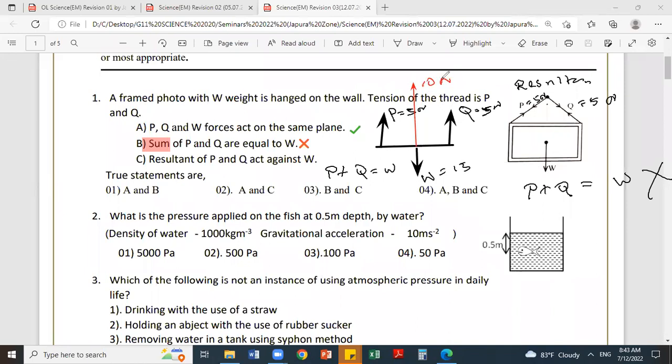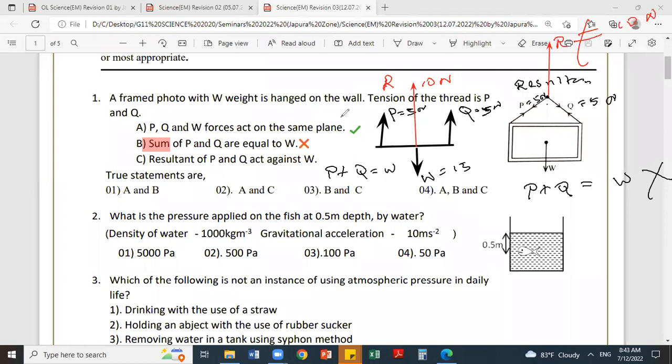I put R as the resultant of P and Q, which is 10 Newton. But in the second diagram, the given question, the resultant of P and Q will not be equal to 10 Newton. R is equal to W, but R is not equal to 10 Newton.